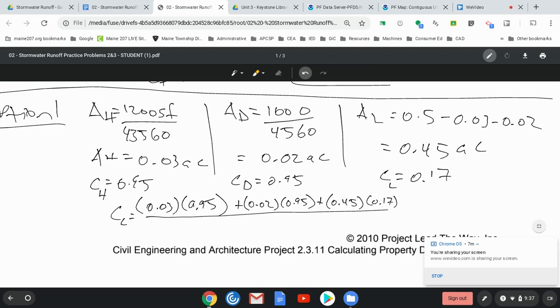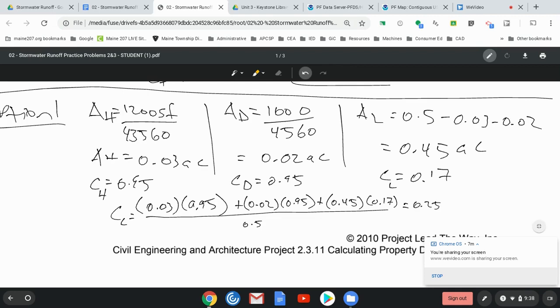All that still divided by the total area of a half an acre. And we should get approximately, so let's just type this in, 0.03 times 0.95 plus 0.02 times 0.95 plus 0.45 times 0.17, close parentheses, divided by 0.5. You should get approximately 0.25.